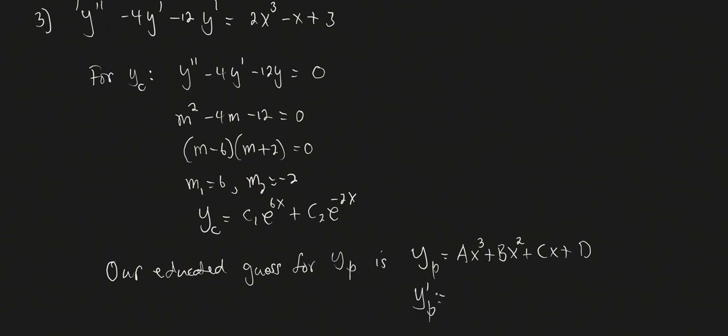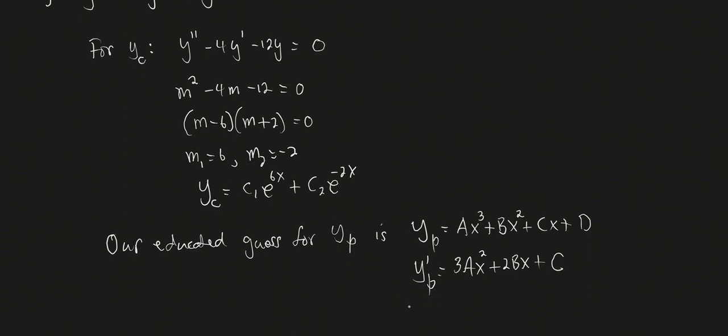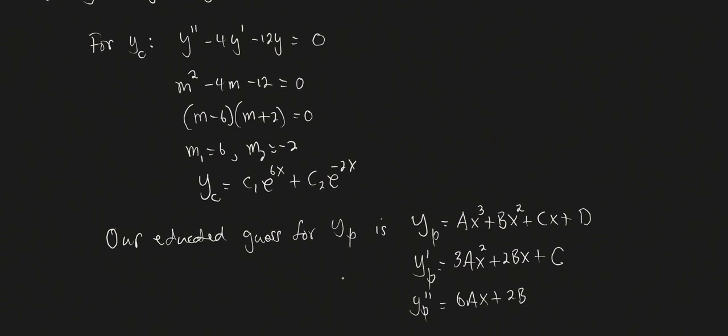So the first derivative of our educated guess, using our power and sum rules from calculus, we get 3ax squared plus 2bx plus c. And then the second derivative will give us 6ax plus 2b. And again, it simplifies. Working with polynomials, as we might expect, each time you differentiate, it simplifies the problem. So let's see how the algebra works out.